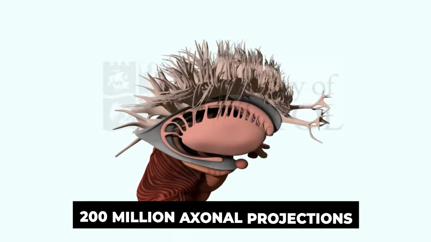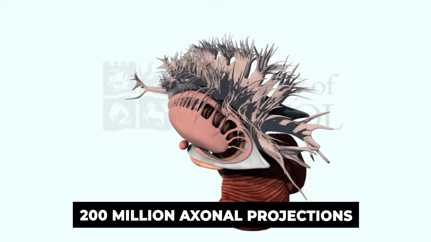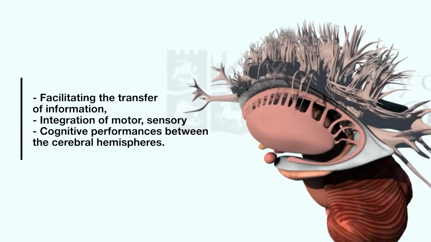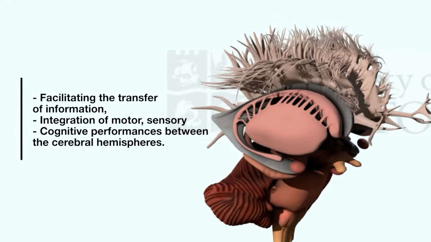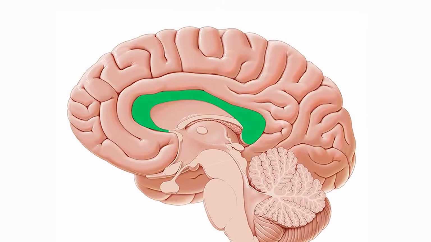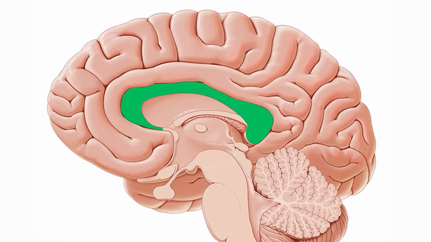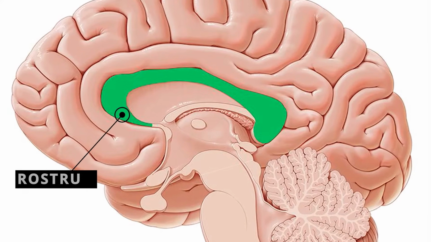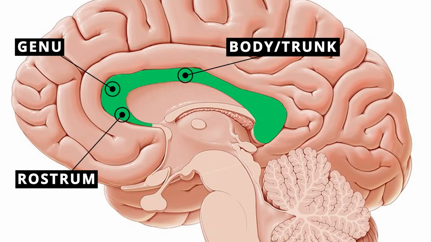It is composed of over 200 million axonal projections, facilitating the transfer of information, integration of motor, sensory, and cognitive performances between the cerebral hemispheres. The corpus callosum can be segmented into different regions based on its anterior to posterior orientation. Rostrum, genu, body or trunk, and splenium.